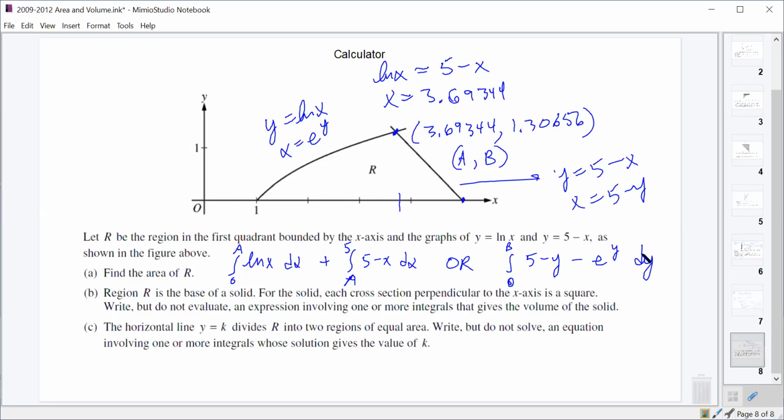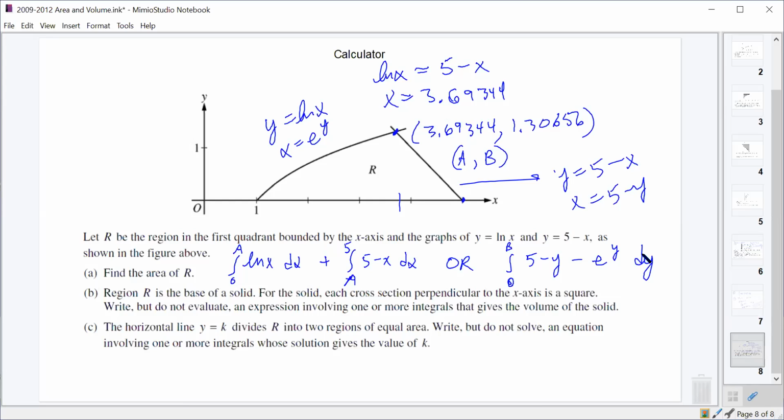Everybody see that both of those would have worked? Everybody good with part A? Yep. Okay. Oh, and you needed to actually evaluate it.